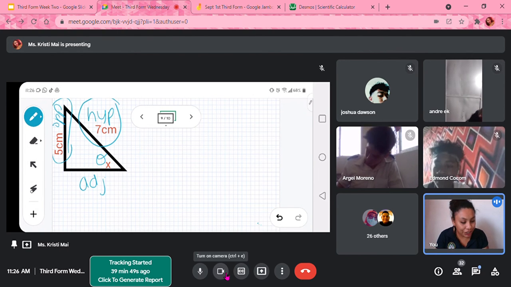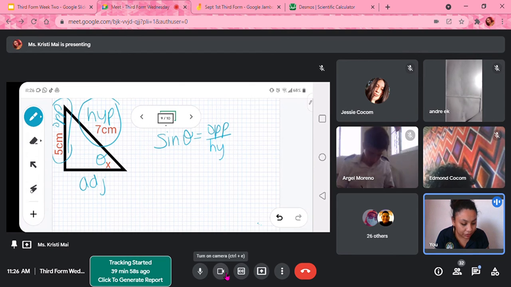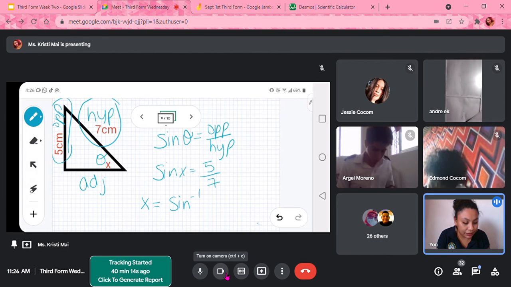Sine, very good. So sine of theta is equal to opposite over the hypotenuse. Substituting, sine of x is equal to opposite 5, hypotenuse 7. I'm going to remove the sine, so that is inverse of sine of 5 over 7. And what does that give you?